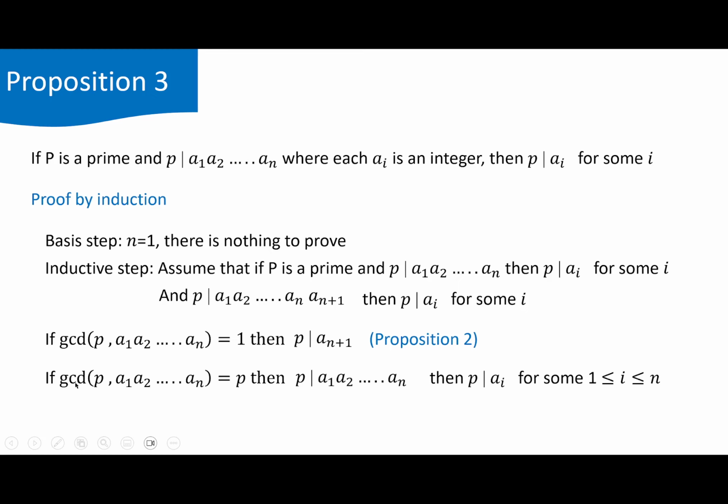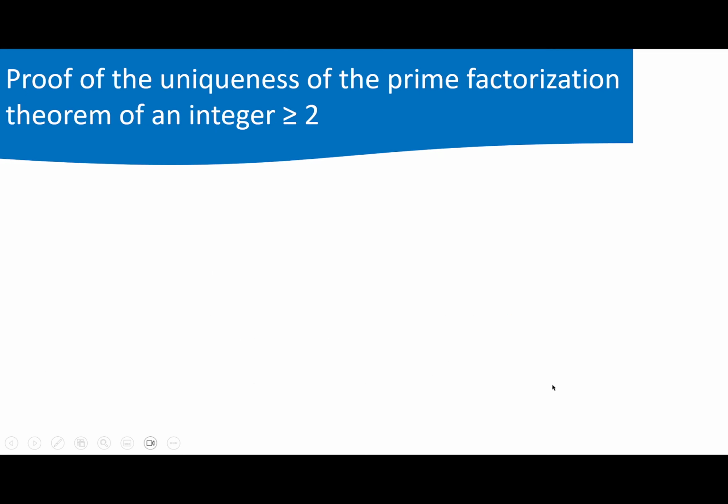If the GCD of these two is p, then p divides this product. Since p divides this product, then by the inductive hypothesis, p divides ai for some i between 1 and n.